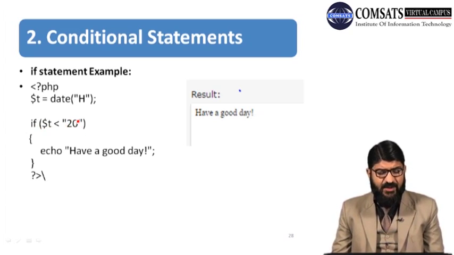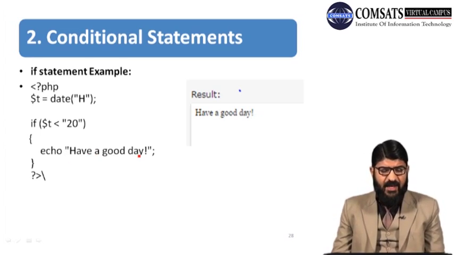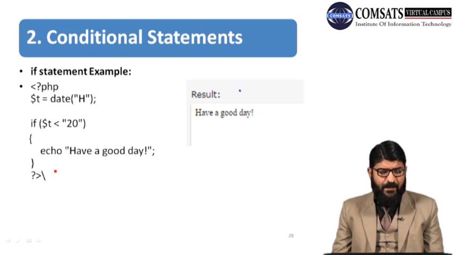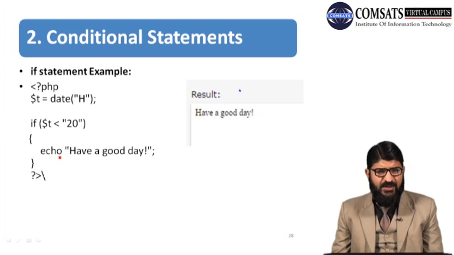If the condition is true, then print the output, have a good day. So here you can see it is true, so it is displaying the value, that is, have a good day. So this is the output. The condition is true, so the statements inside the if are executed and show the required output.